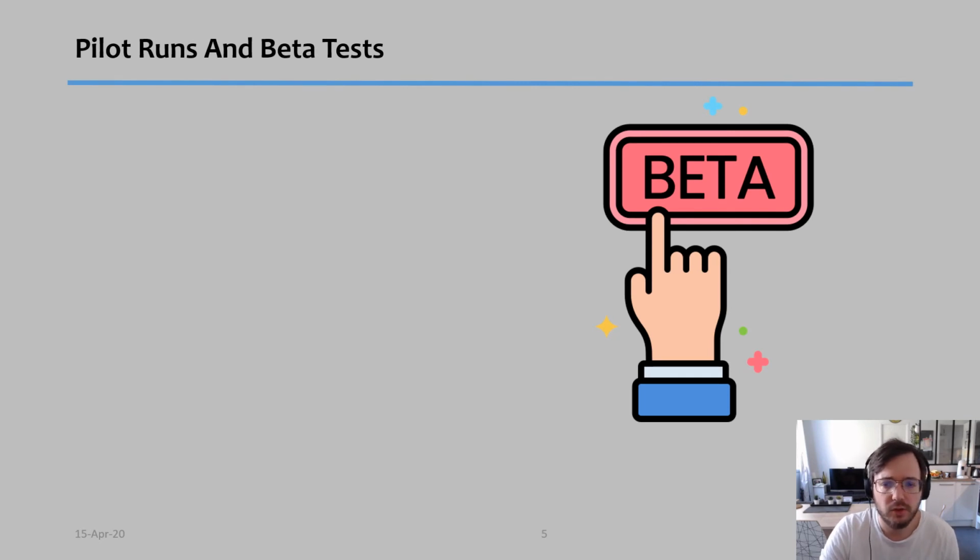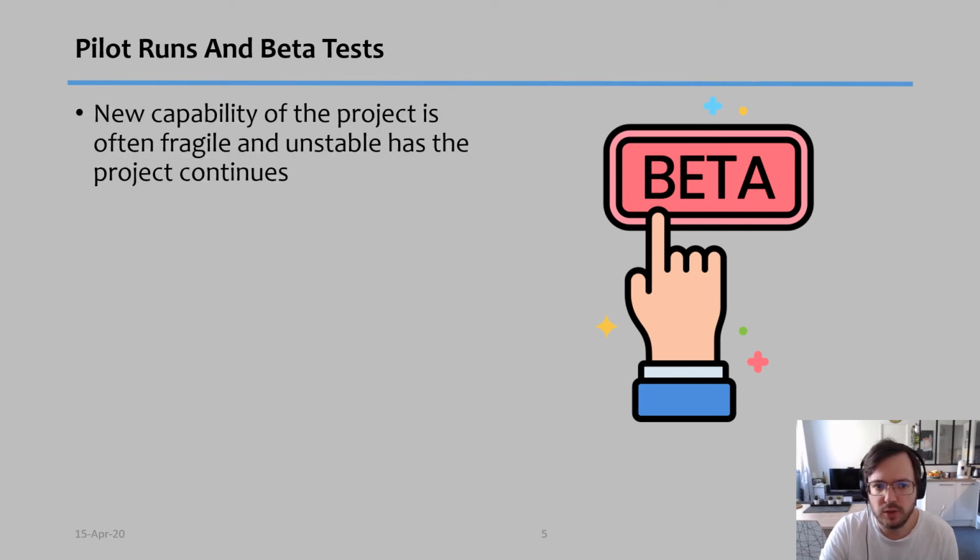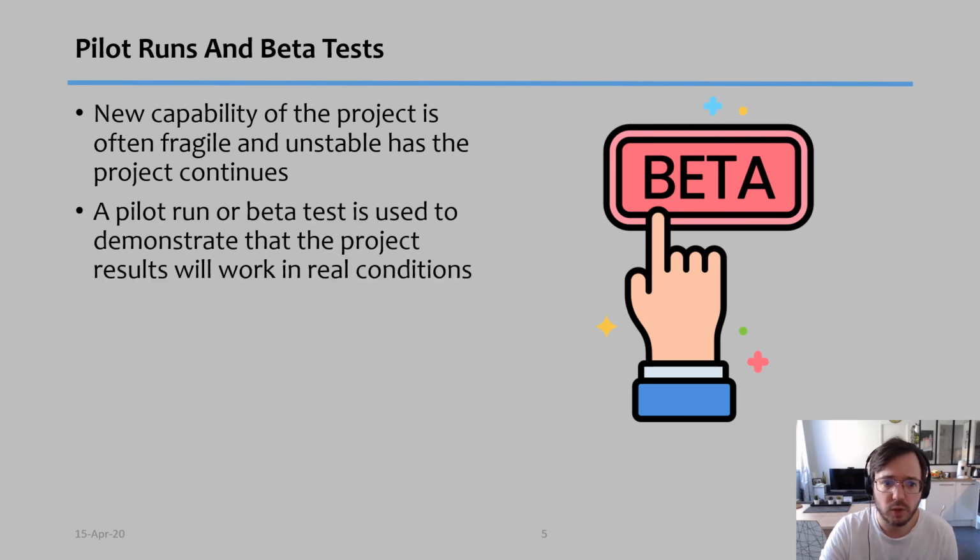Another tool that can be very useful before implementing is to use pilot runs or beta tests. This is when a new capability of the project is still fragile or unstable, but it's going to be improved as the project continues. But you want to test if those capabilities are already working or feasible. So a pilot run or test is used to demonstrate that the project results will work in real conditions.